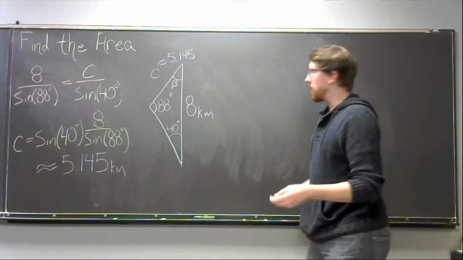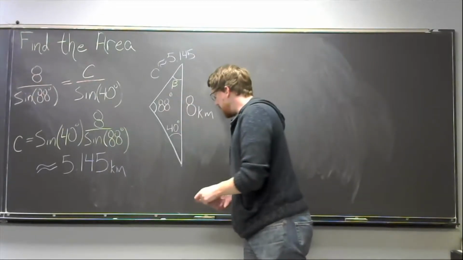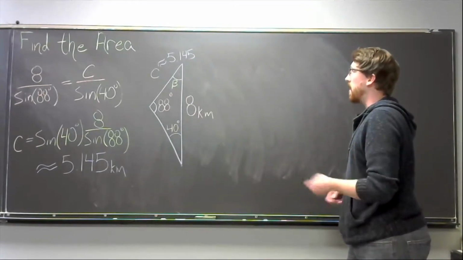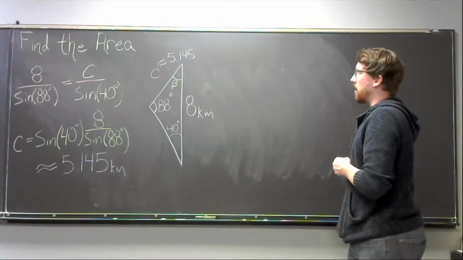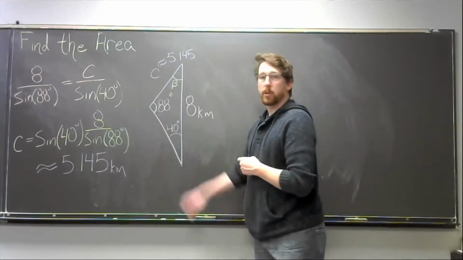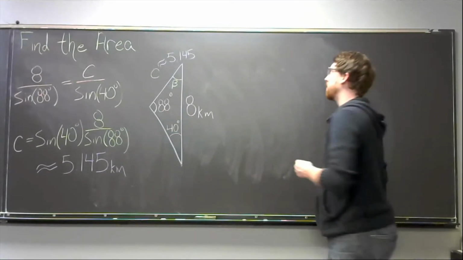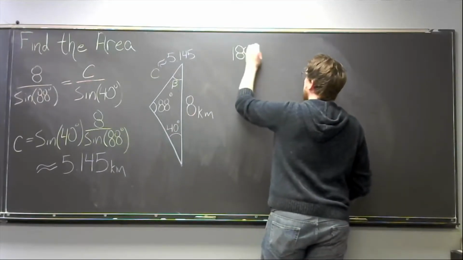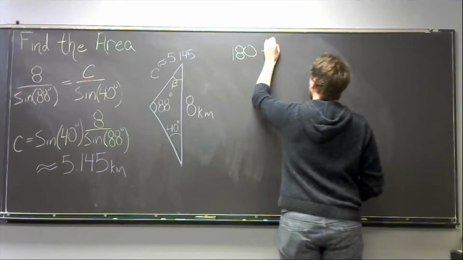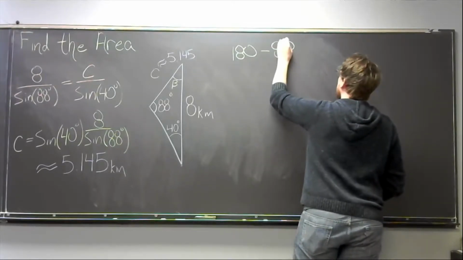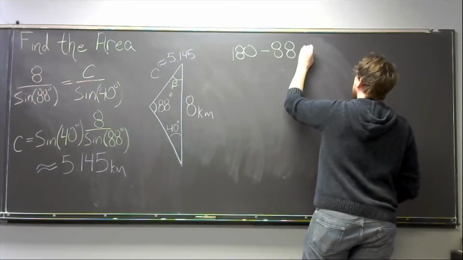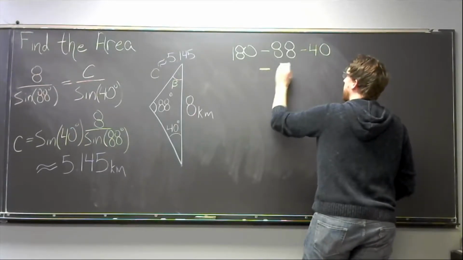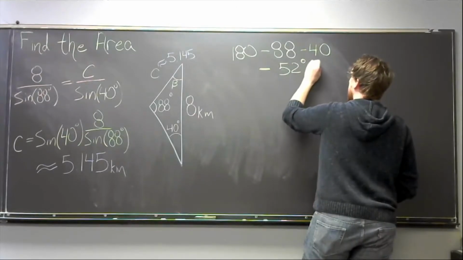Now to find beta, that's a little bit easier, right? To find beta, we just have to add up the other two angles and subtract them from 180 degrees. So 180 minus 88 minus 40 is going to come out to be 52 degrees.